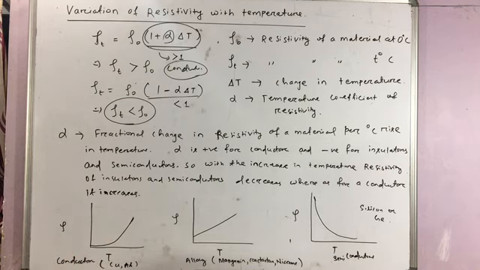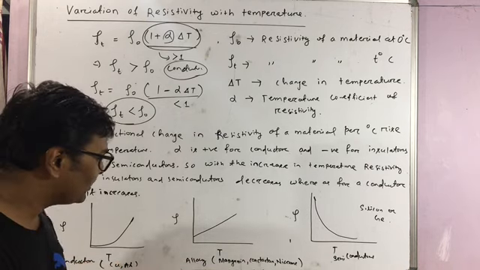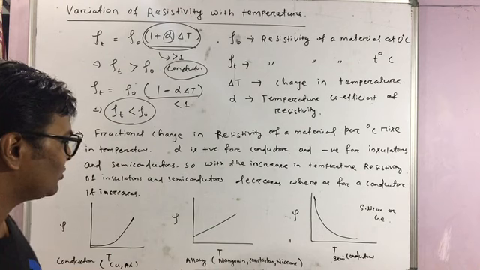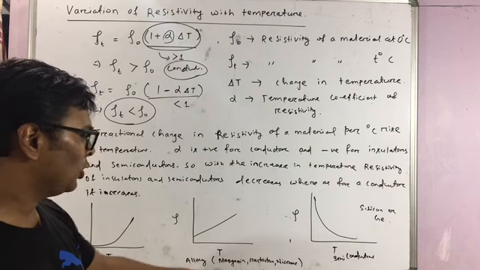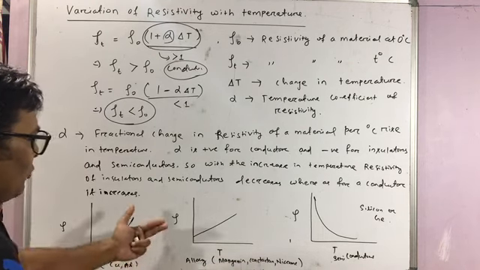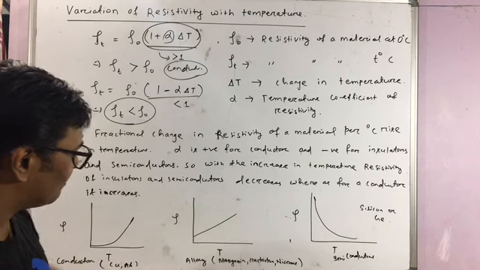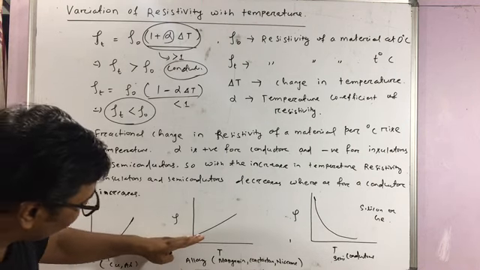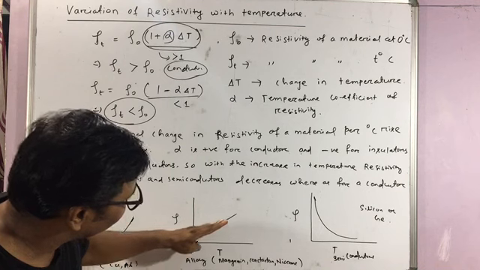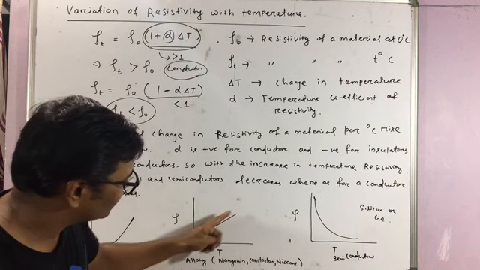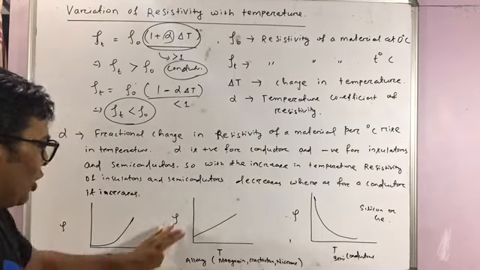Then for alloys, such as manganin, constantan and nichrome, there is a smooth increase in resistivity, and the graph is a straight line.